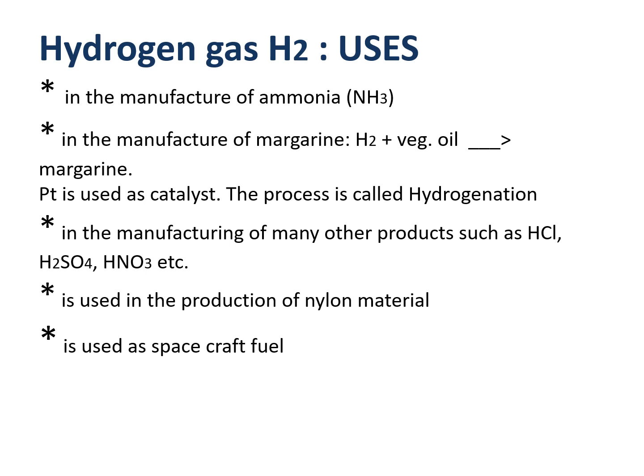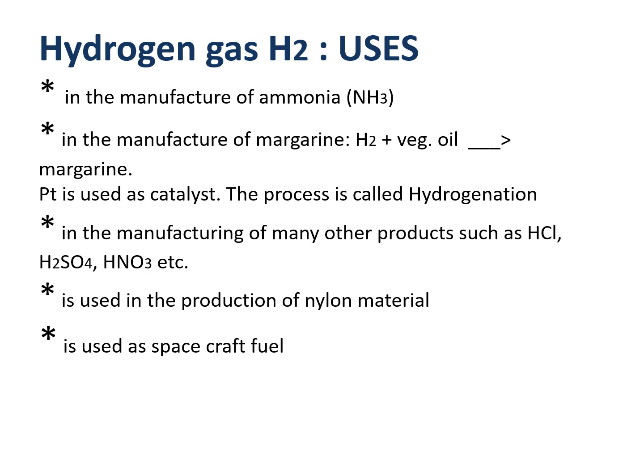The uses of hydrogen gas, H2, that you can mention: in the manufacture of ammonia, NH3, in the manufacture of margarine, where you take H2, you add vegetable oil and you get margarine. Now, platinum is used as the catalyst, and the process is called hydrogenation.